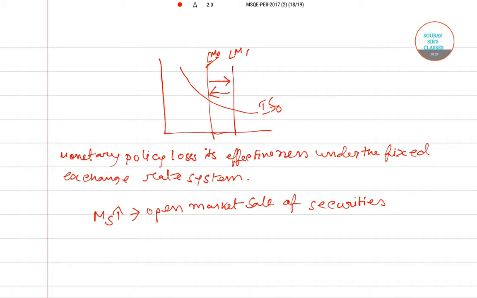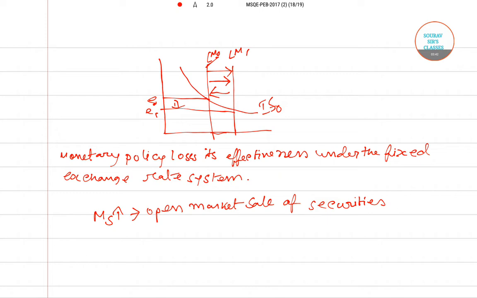As a result, the LM curve shifts to the rightward, and the exchange rate has now fallen from E0 to E1. So the exchange rate has fallen due to the shift in the LM curve.